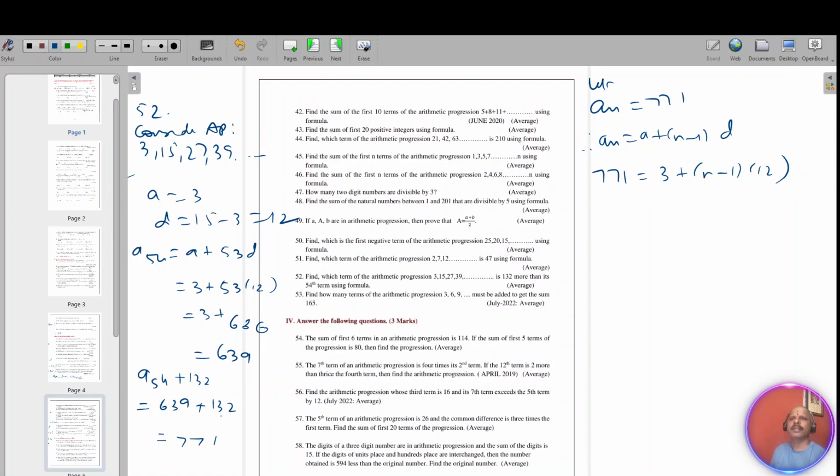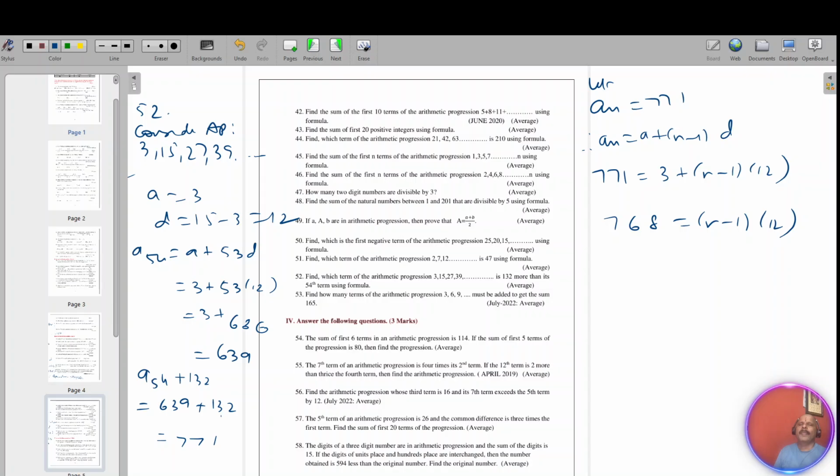771 minus 3 is 768, equal to N minus 1 into 12. Divide 768 by 12, so N minus 1 is 64, and N is equal to 65.